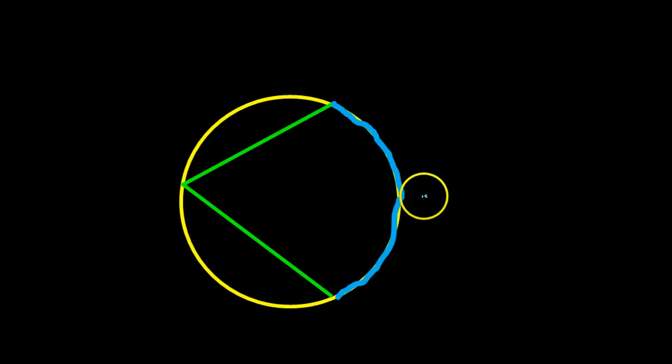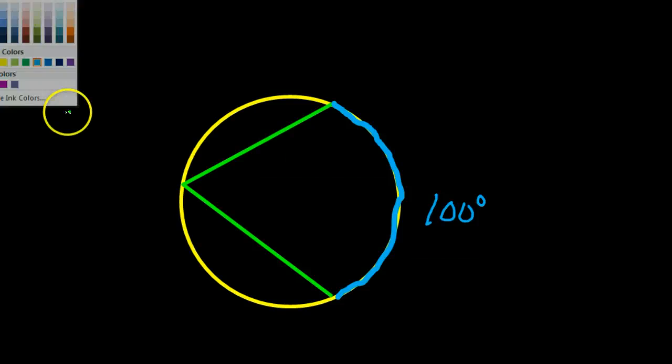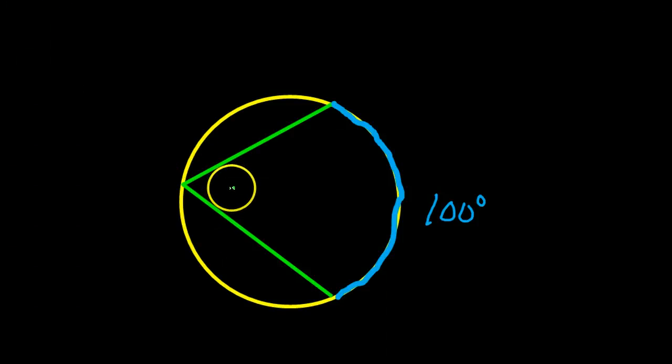For example, we learned that if this was 100 degrees, what would be the measure of the inscribed angle? Well, it would be 50 degrees. We learned that the angle was half as big as the arc, or you could say the arc is double the angle, when it's inscribed, meaning the vertex is on the circle.